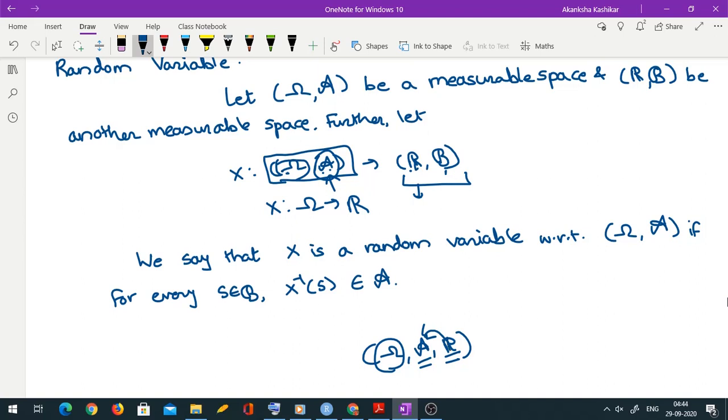So this probability measure is defined on sets of A. Hence later we are of course going to bring in the distribution of a random variable, which involves the probability of a random variable.